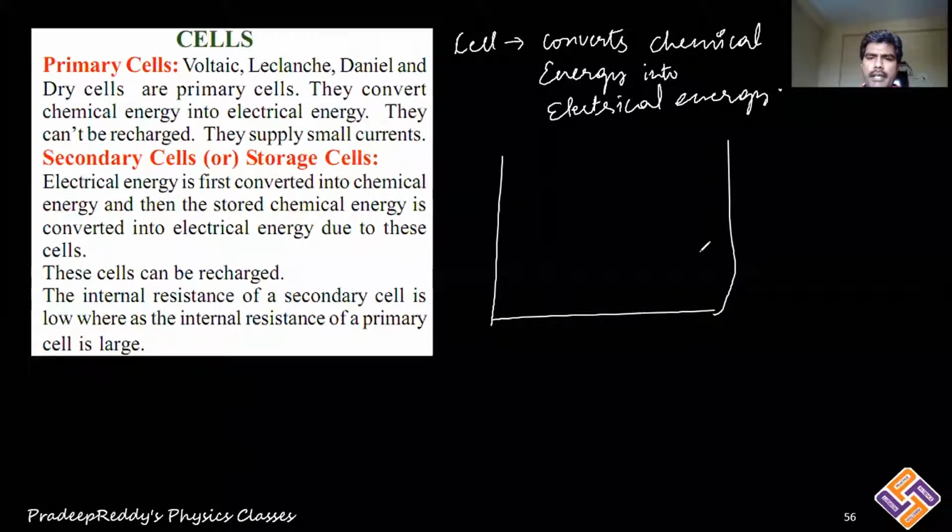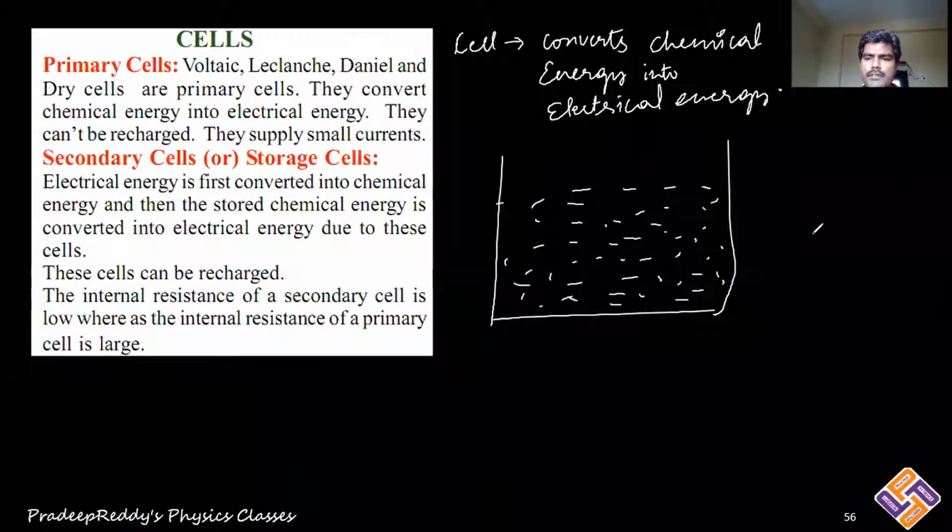So you will be taking a container in which there is some electrolytic solution. This is the electrolyte. And you will be taking two electrodes in this. This is one electrode and there will be another electrode.